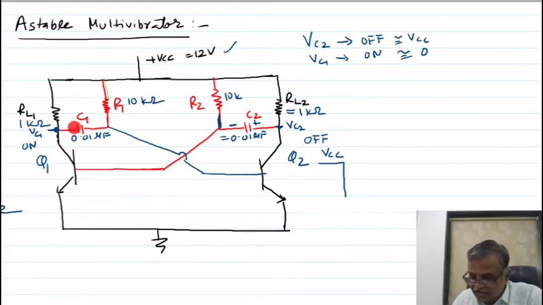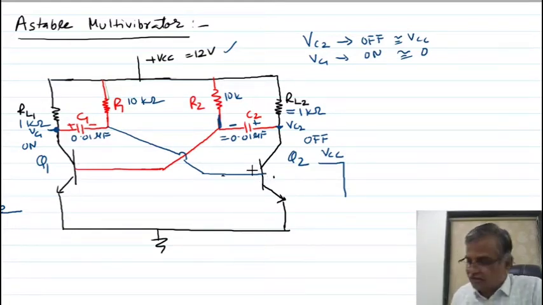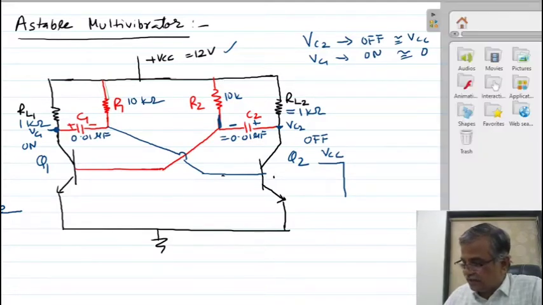So this is the discharging path of the capacitor C1 through R1. This discharge gives a negative pulse to the base of transistor Q2. As a result, Q2 will come in the off state. That is the assumption we made. You can see this in this diagram.